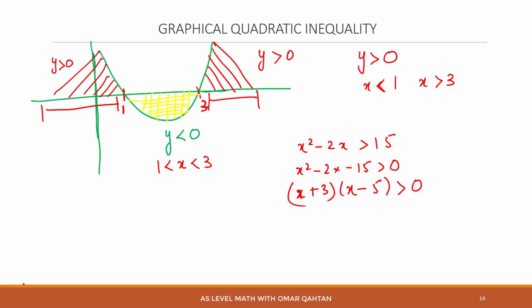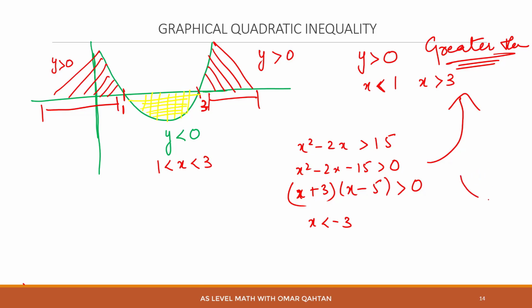Now we know that, and you need to write it for the greater than case. So definitely we are going to consider this case. It would be x plus 3, so x less than minus 3. And if I try to plot it, it would be somewhat like this: minus 3 and plus 5.